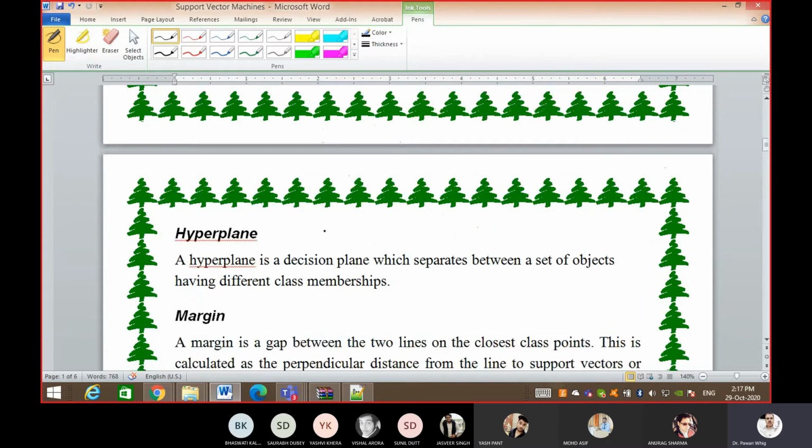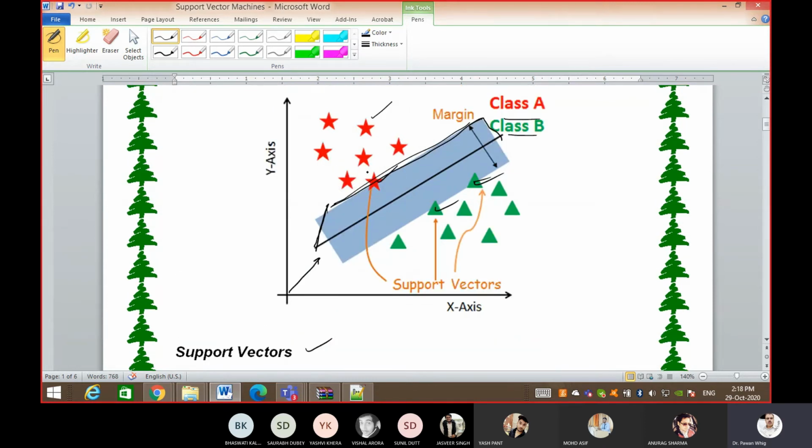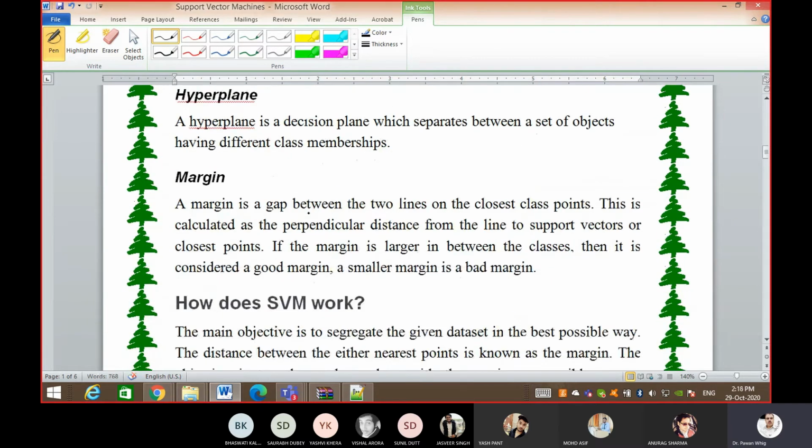So let me move towards the hyperplane. A hyperplane is a decision plane which separates the set of objects having different class membership, as shown here. This is a hyperplane which segregates these two data sets from each other. After that there is a margin. Margin is a gap between the two lines on the closest class point.